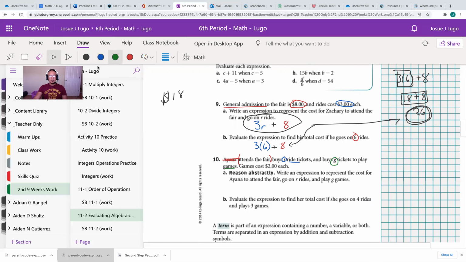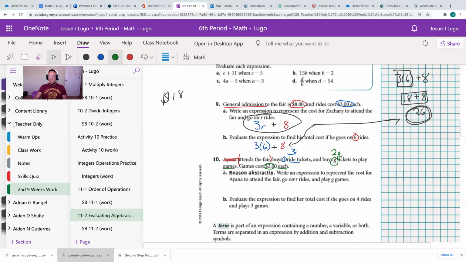However, for the games, it's not going to be $3 for each game as it is $3 for each ride, but for the games, it's actually only $2 for each game. So if our expression for the rides was $3 times each ride, our expression for the games is going to be $2 for each game.